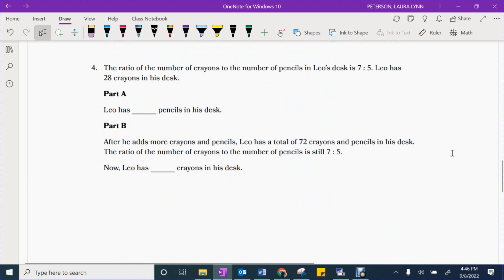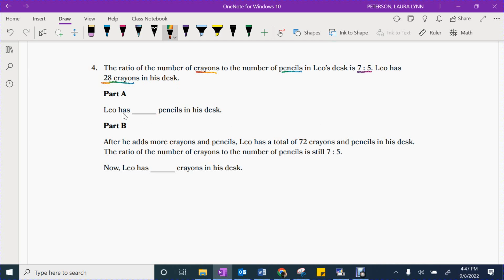Part 4 says the ratio of the number of crayons to the number of pencils in Leo's desk is 7 to 5. Then it says Leo has 28 crayons in his desk.